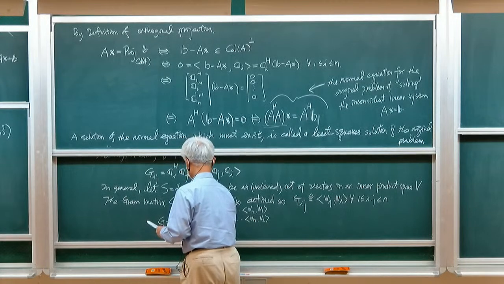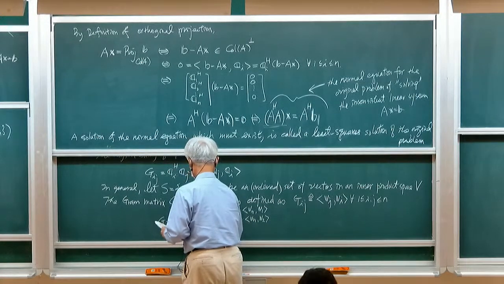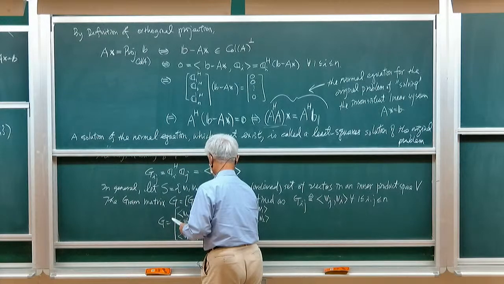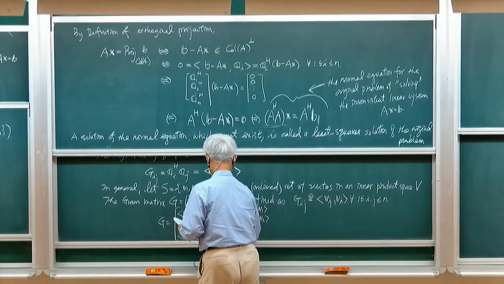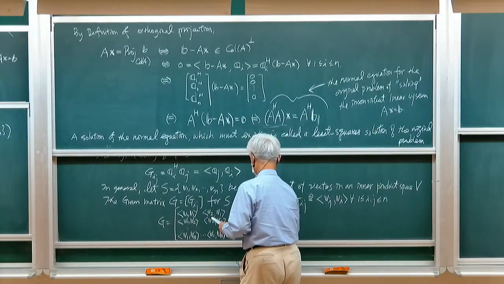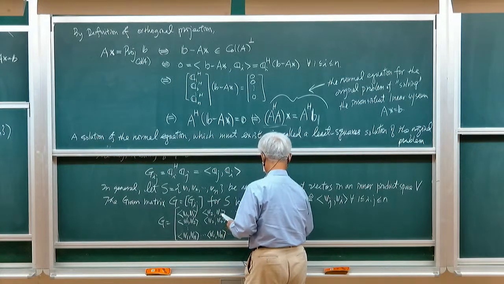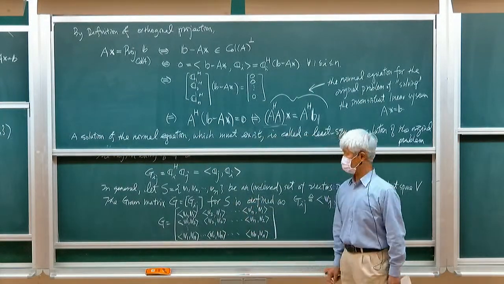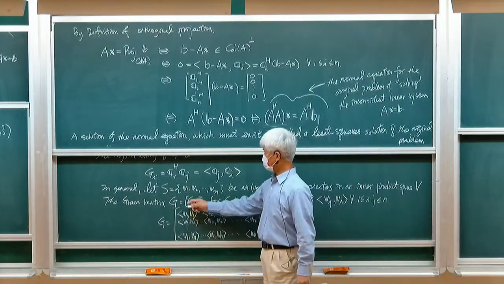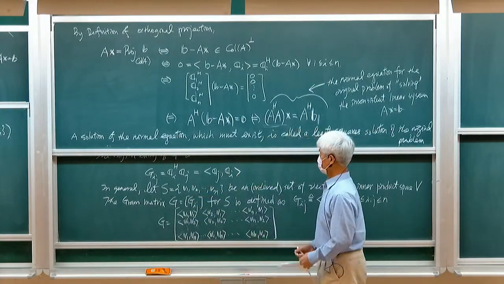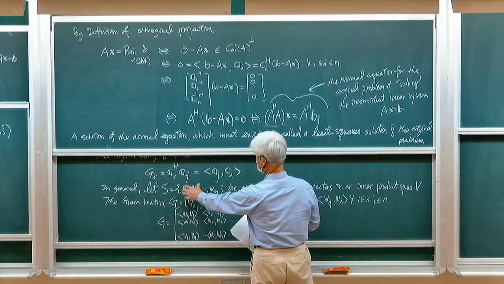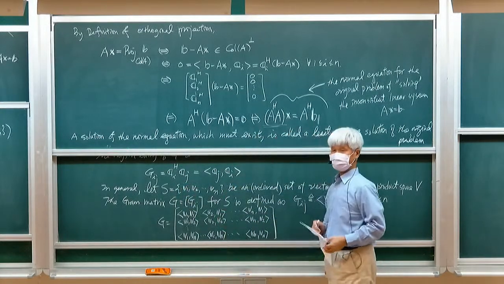And V1, Vn; V2, Vn; and Vn, Vn. So the Gram matrix is formed by taking the inner products of pairs of vectors in the ordered set.